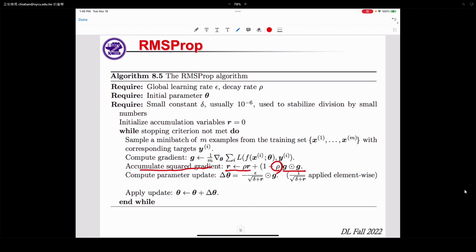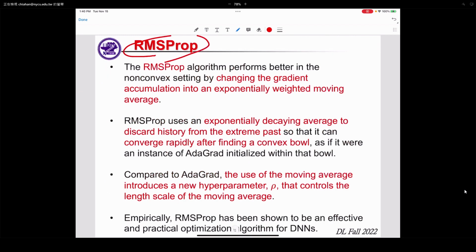All right, so we introduce an extra hyperparameter, and then use an exponentially decaying average to discard history from the extreme past. So you can converge rapidly after finding a convex bowl.